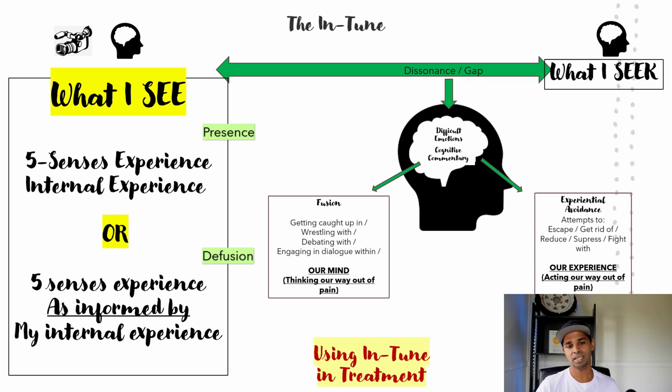I don't think ACT ignores that. But in this model, what I'm trying to highlight is that it's not the only potential source of our distress. Equally, having a distorted what I seek can be a part, like we just covered before. And now we see this one. Let's keep moving forward.